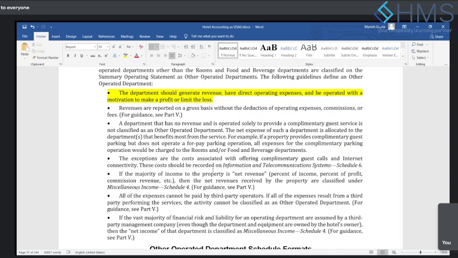For example, let me give you an example of the minibar. Many hotels now, because of COVID, are actually clearing the minibar. The minibar used to be a separate department in itself, where they have 4 or 5 people. Like in Shangri-La, we had 5 people to manage the minibar under housekeeping, but the department was separate. So these 5 people's cost would be charged to the minibar, and the revenue we collect from the customer would also go to the minibar.